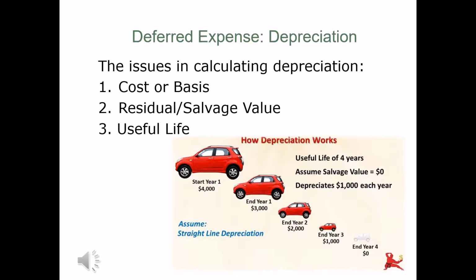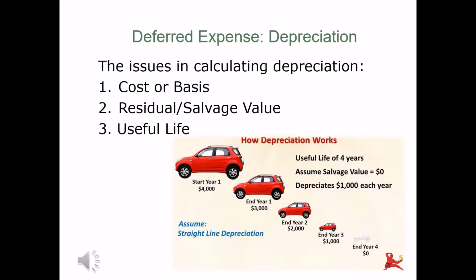We also are purchasing those assets specifically for the reason to increase our sales. So the cost of those assets we want to allocate against our sales in one way or another. So it's twofold. We want to reduce the value of assets to more accurately report the assets that we have in our business. And we also want to allocate a portion of those assets against the revenue that we're receiving.